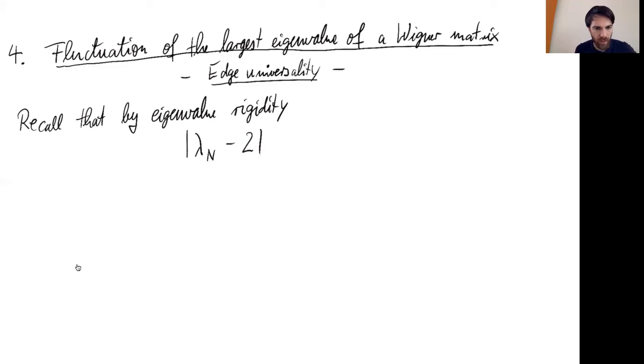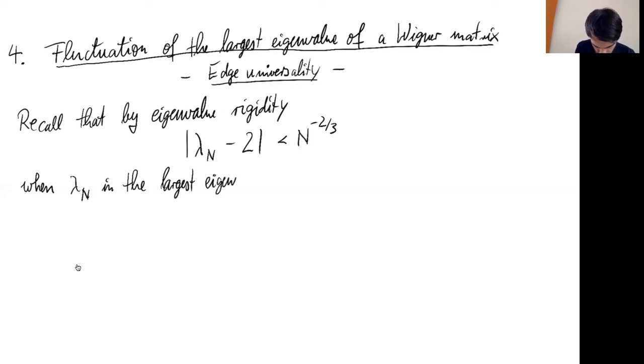So now lambda_n is the largest eigenvalue of a Wigner matrix, and |lambda_n - 2| is stochastically dominated by n^(-2/3).